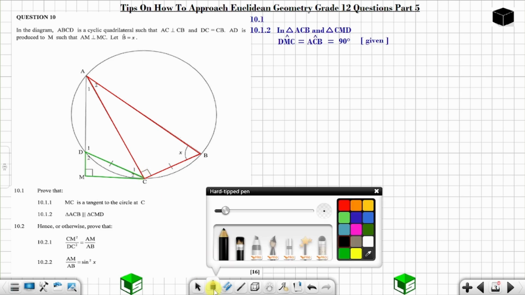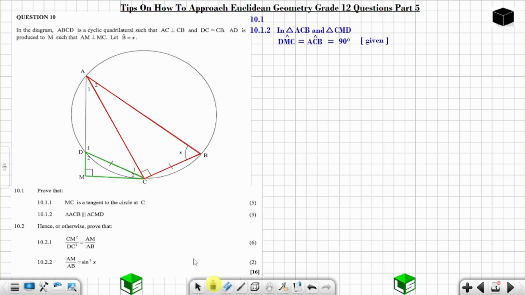So you can see you have this angle D2, which is an exterior angle of this cyclic quadrilateral. This exterior angle of the cyclic quadrilateral is equal to the interior opposite angle B. So angle D2 is equal to the angle B. Remember from question 10.1.1.